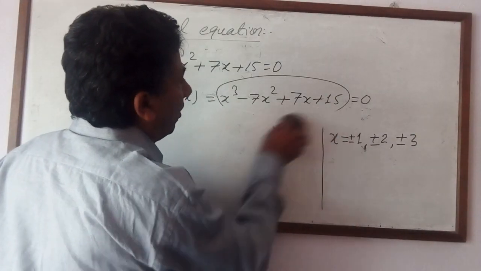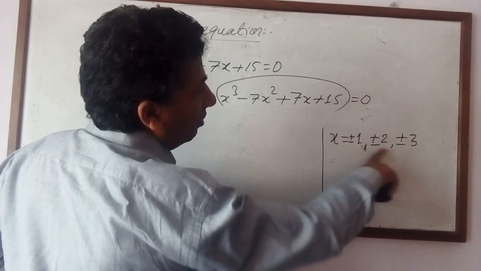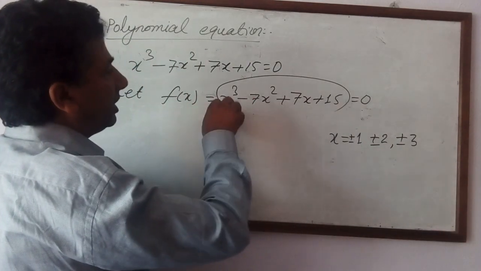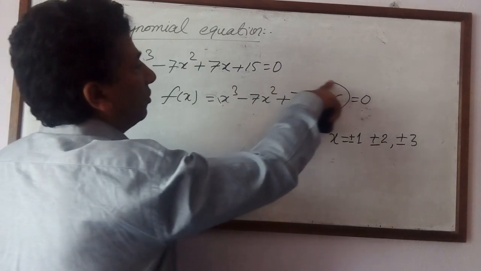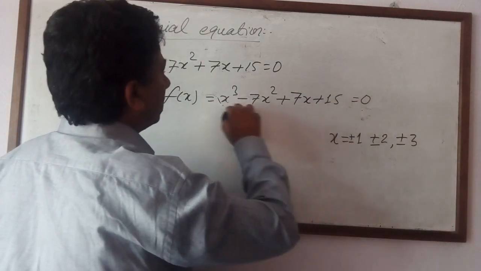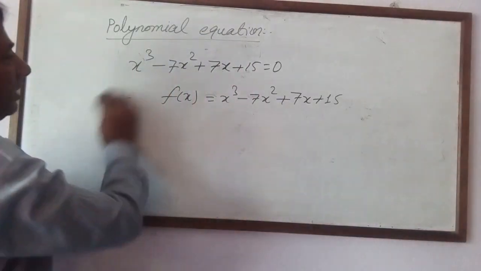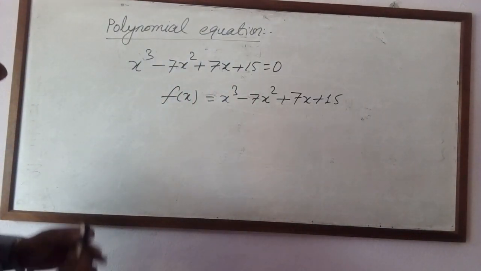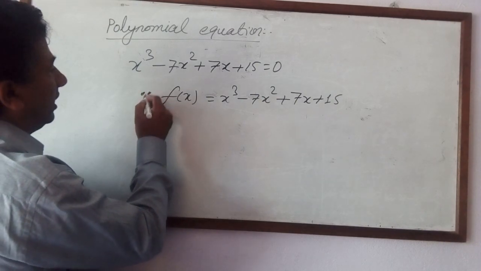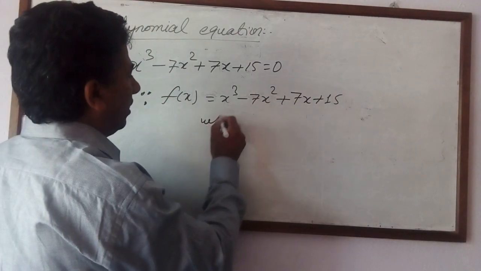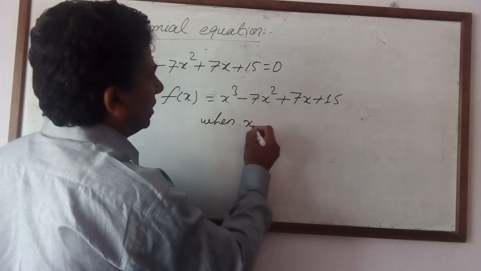Now I'll explain the meaning of zero polynomial. These are the values, and step by step I'll check them. I'll make this polynomial 0. Since f(x) equals this, I'll take x equals 1.